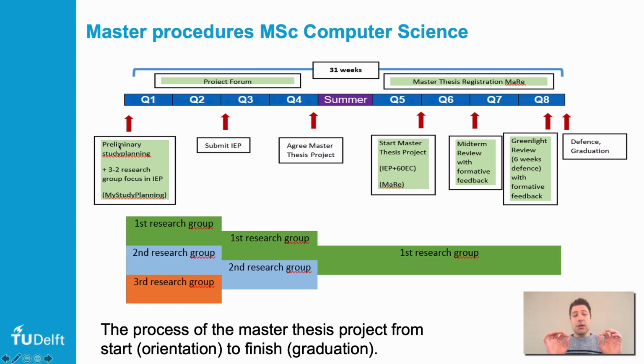So you're gonna select the track, and of course the courses you're gonna take. And your selection of courses will basically indicate which research group you're gonna join later on to do your thesis. At the beginning, given the number of students we have, we suggest you to pick more than one research group. So you try to design your studies in a way that you fit more than one research group.